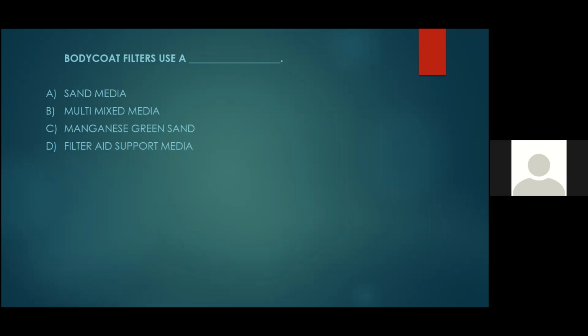You find that question quite a bit, and it's really tricky with terminology. A body coat filter is basically a filter that uses diatomaceous earth or some sort of product like that. Think of it like powdered membranes. So the answer here is going to be B.